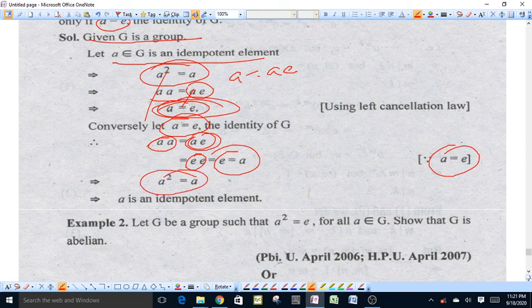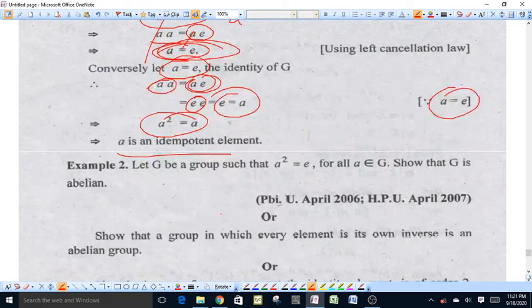This means A square is equal to A, that is, A is an idempotent element of group G.